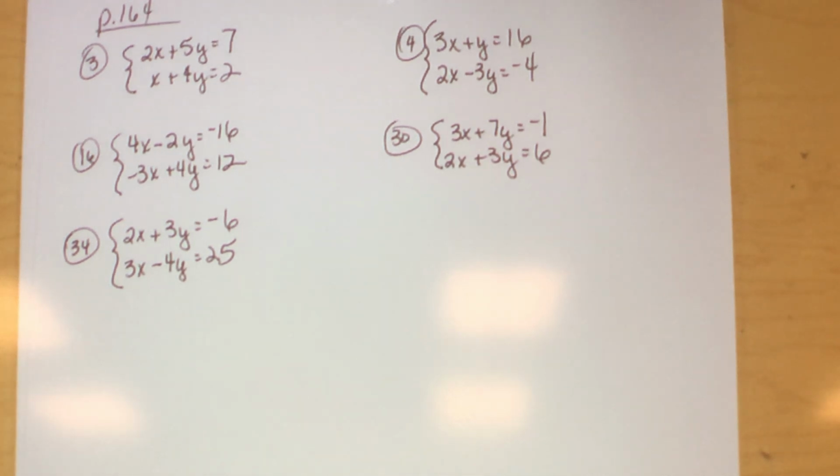Okay, get started on number 3. If you took a picture, you have them in your phone. So get started on number 3 and see if you can do it by yourself. Make sure that you're writing the directions in the right place.